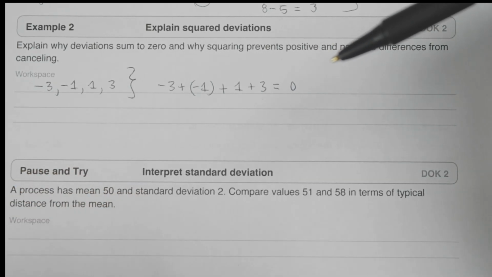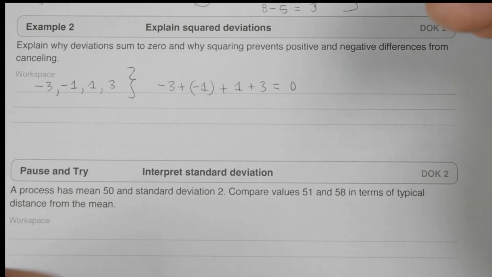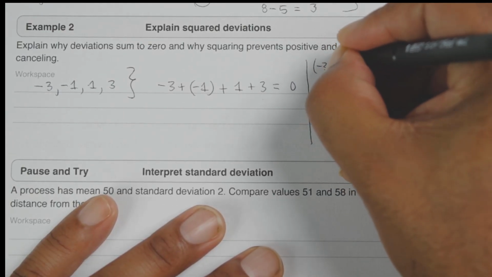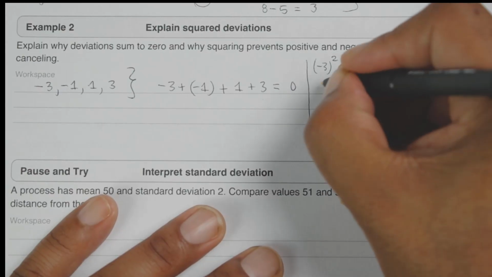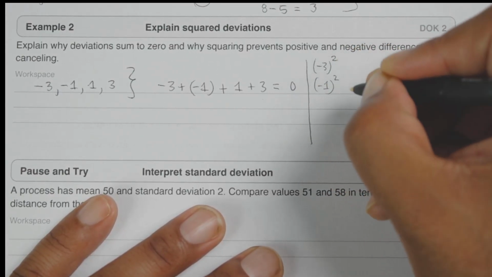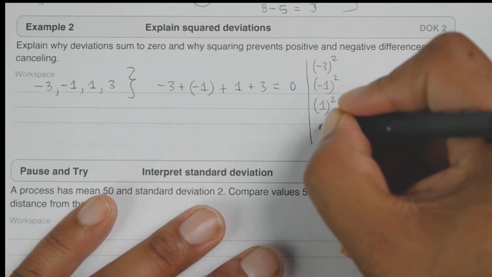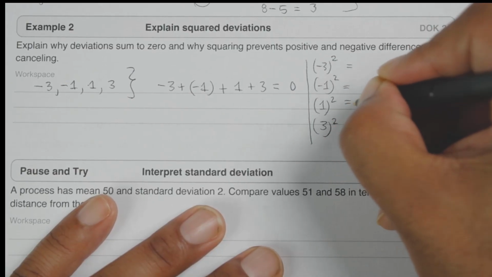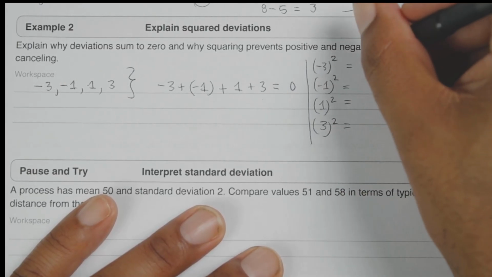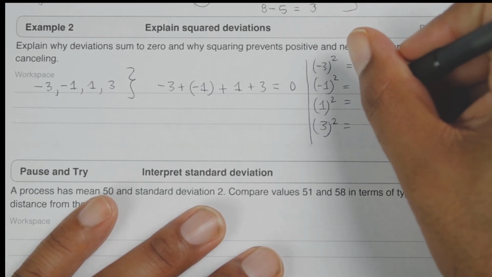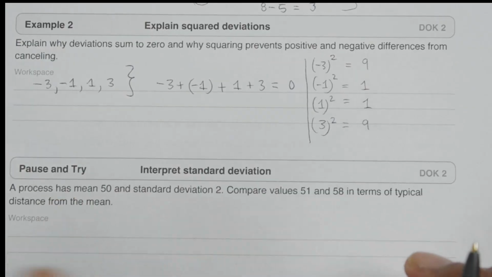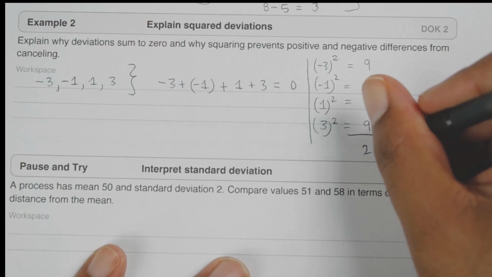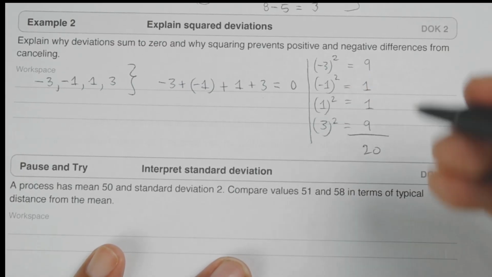So instead, we square the deviations: -3 squared, -1 squared, 1 squared, 3 squared. That gives us 9, 1, 1, 9. Now when we add these up, we end up with 20 instead of 0.